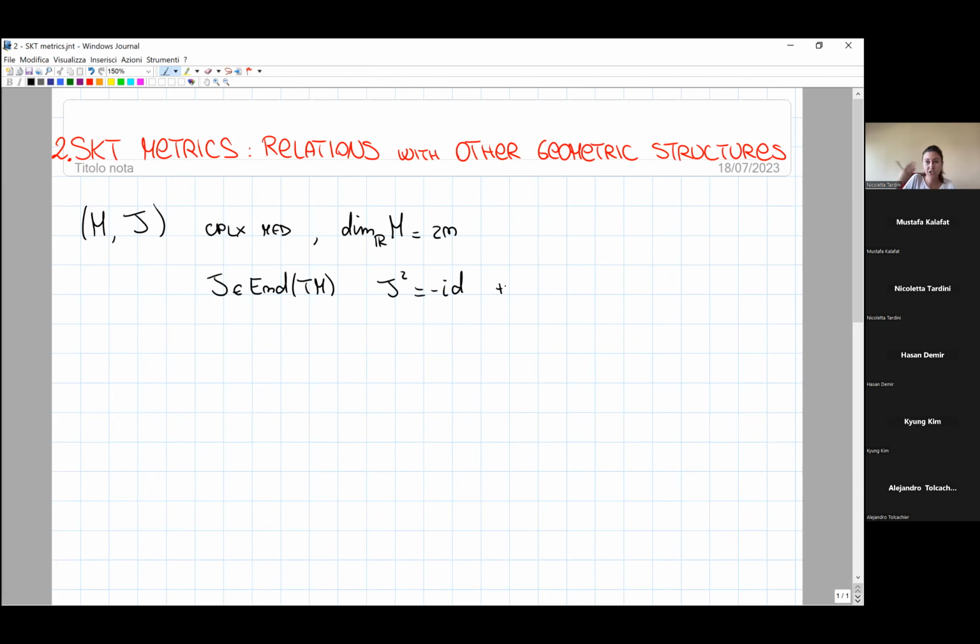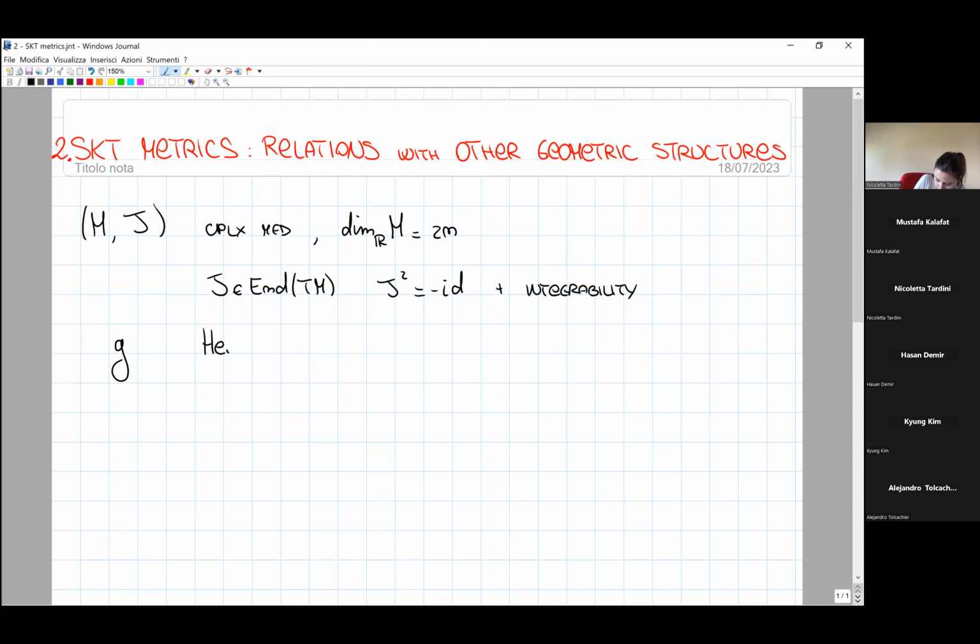So we add an additional condition called the integrability condition, that ensures that locally we have holomorphic coordinates. Okay, so we are talking about Hermitian metrics, so we fix a Hermitian metric.